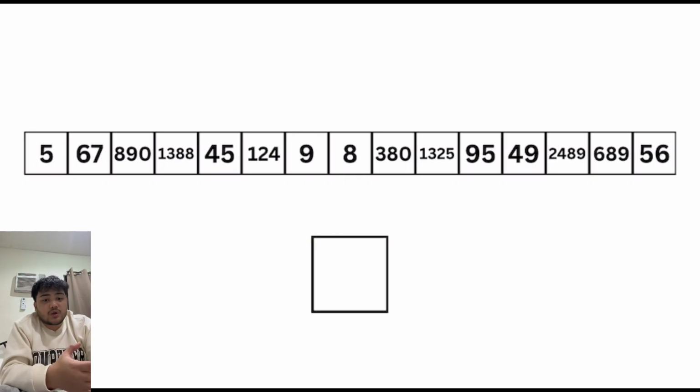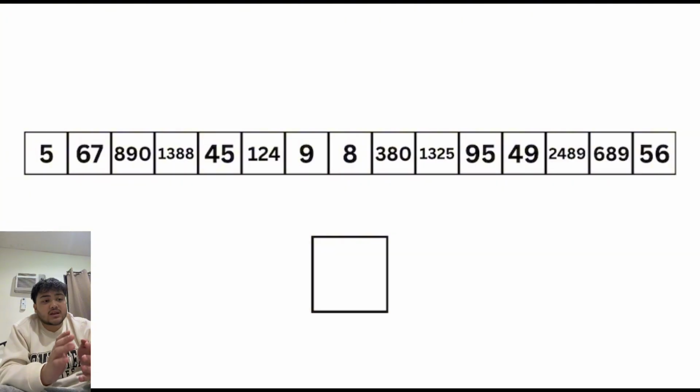For example, when we look at the first two elements in the first two boxes, it's 5 and 67. Since 5 is smaller than 67, it's already in the correct boxes, since the left hand side should have a smaller value than the right hand side.